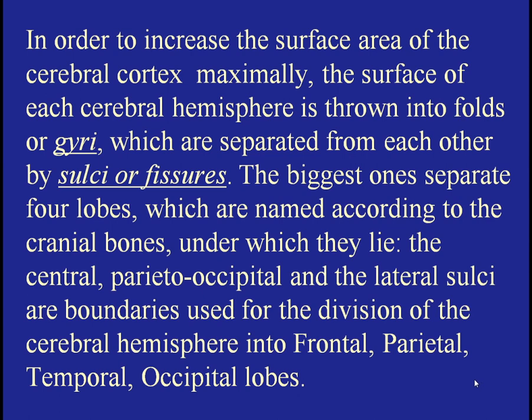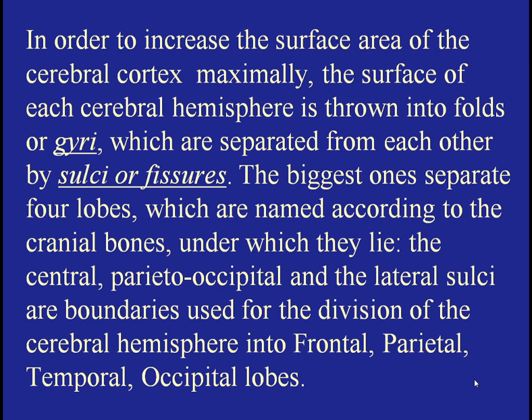So, in order to increase the surface area of the cerebral cortex maximally, the surface of each cerebral hemisphere is thrown into folds or gyri in English, which are separated from each other by sulci or fissures.